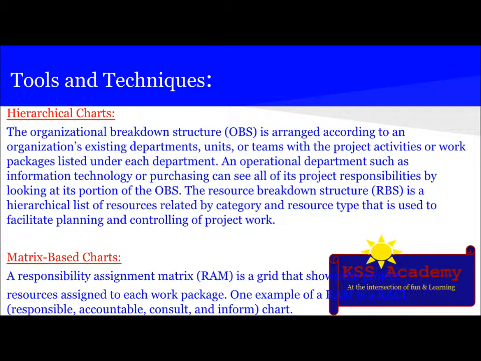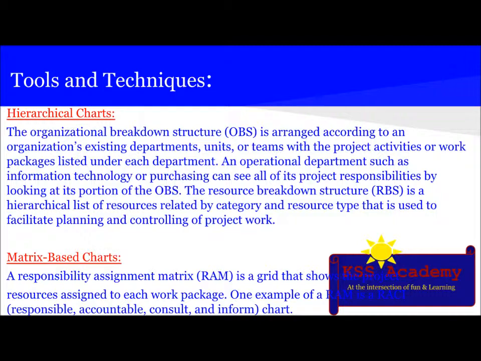An operational department such as information technology or purchasing can see all of its project responsibilities by looking at its portion of the OBS. The resource breakdown structure is a hierarchical list of resources related by category and resource type that is used to facilitate planning and controlling of the project work.